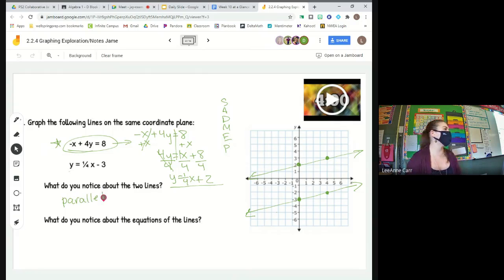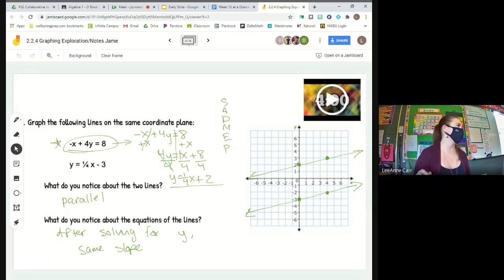Even though they didn't originally look like it, after solving for y, we noticed that they had the same slope. Once we rearranged it a little bit, then it was just like question 1. We were looking at our m and our b, and we noticed, hey, our m is the same.